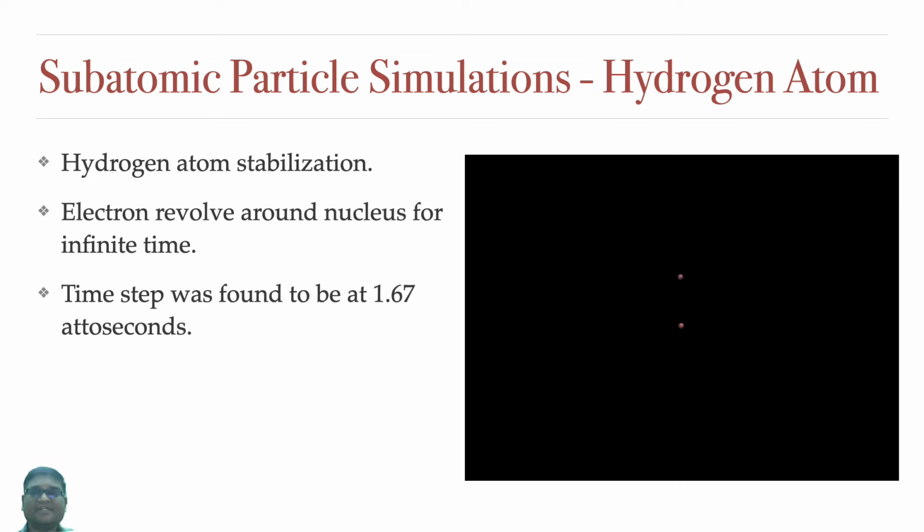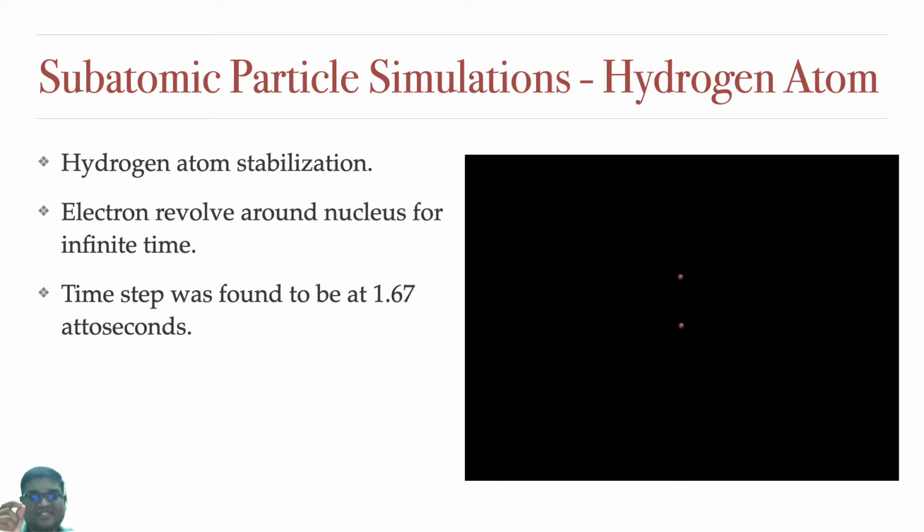Based on the radius of the atom, we have the experimental values of the radius of the atom. From the radius of the atom, I got the variables for distances like the sigma value, epsilon and sigma of the potential, and from that I calculated the time step, and based on the ionization energies from the experimental value, it was found to be 1.67 attoseconds for each time step, delta t.